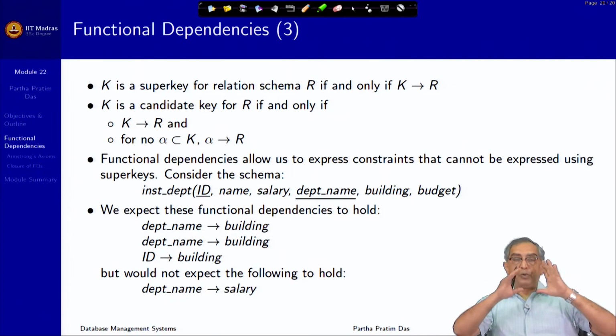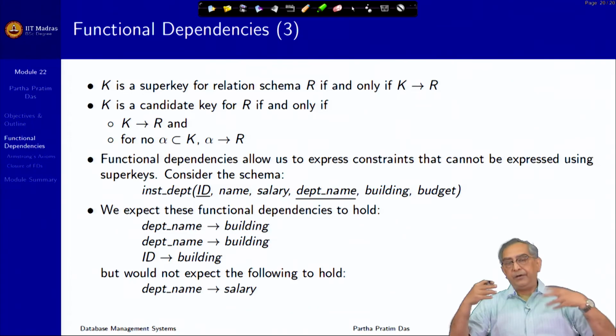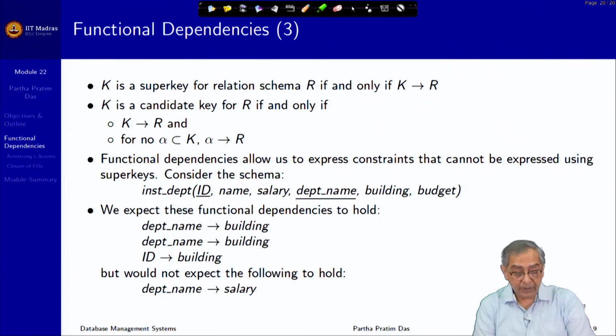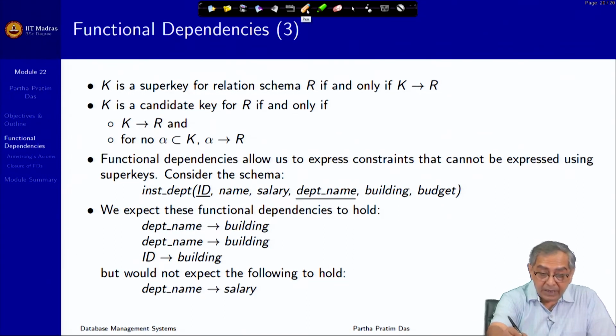So, whatever we said in English statements, we now have mathematical expressions for: for the key, super key, and candidate key. Now, given just an example, the relation instructor with department, you have ID, name, all of that. We have already seen, I am sorry, there is a typo here.